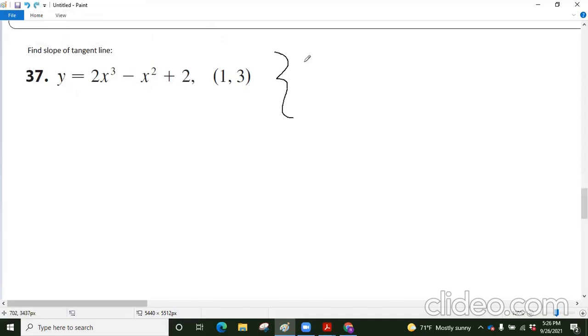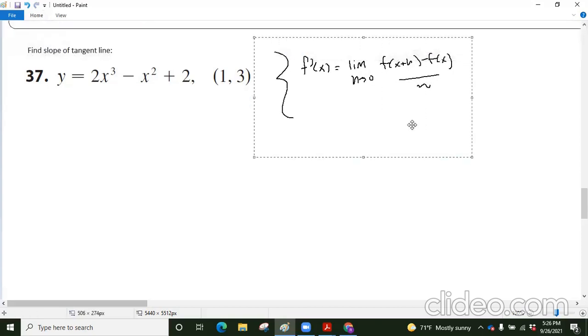We used to find the general derivative, into which we could plug any value of x, and it would give us the derivative at that input of x. But in this case in particular, we're not using f prime equals the limit as h approaches 0 of f of x plus h minus f of x over h. We're not using that definition here, although it would get us to the same answer.